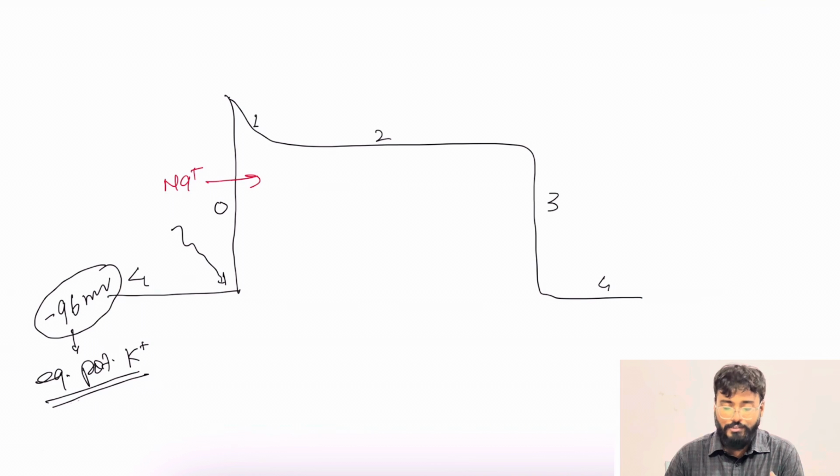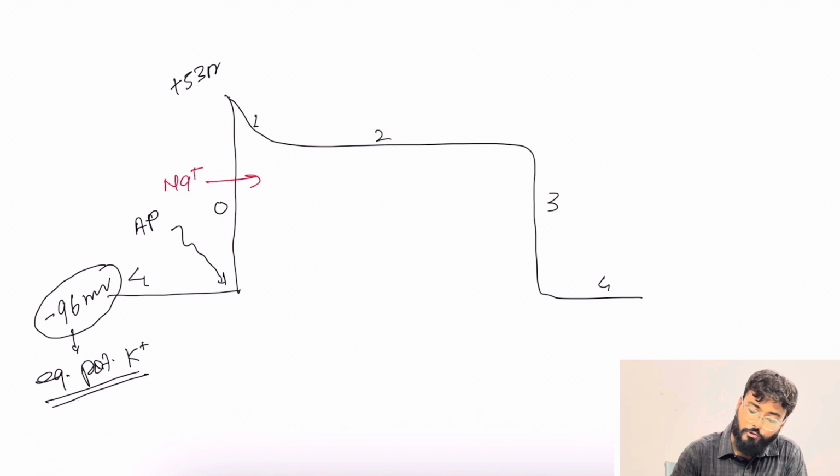So in the resting stage the predominant cation is potassium. That's why the resting membrane potential of a cardiomyocyte is minus 96 millivolts. So this action potential causes depolarization of the cardiomyocyte, and this potential reaches plus 53 millivolts.